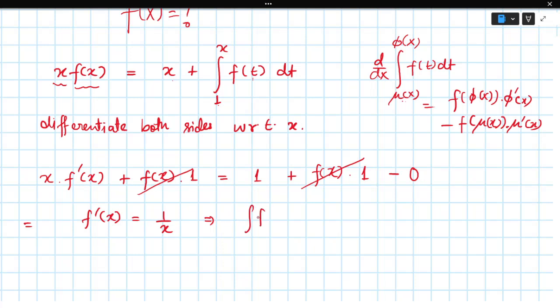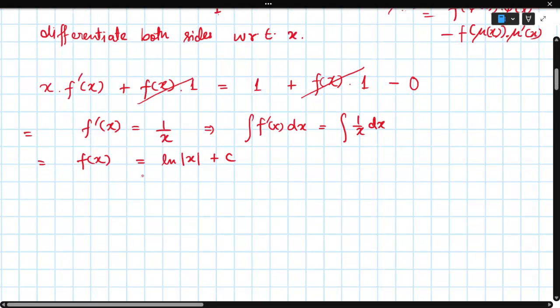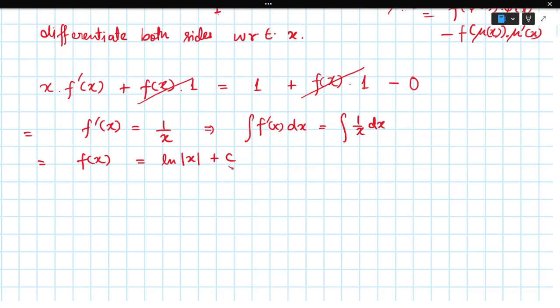We get the integral of f'(x) dx equal to the integral of 1/x dx. The integral of f'(x) is f(x), and the integral of 1/x is ln|x| plus c. Now, here is one problem: we can't find the value of c, so we can't find the value of f(x).